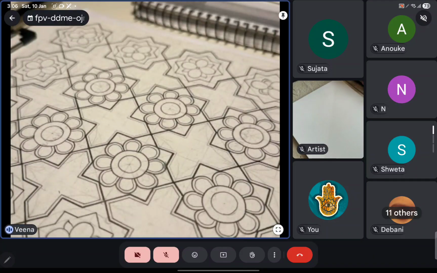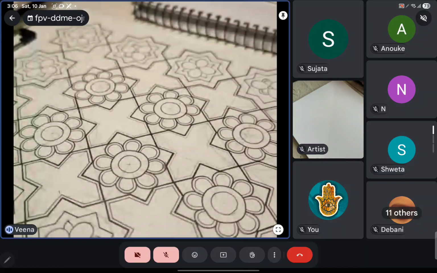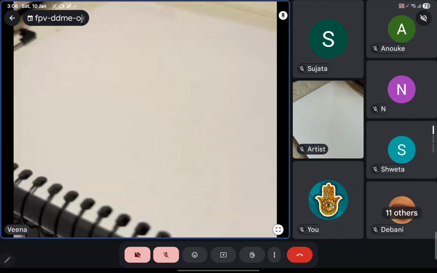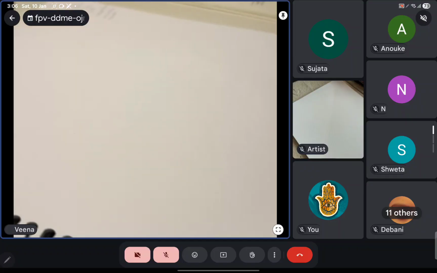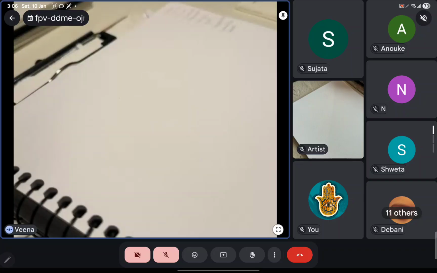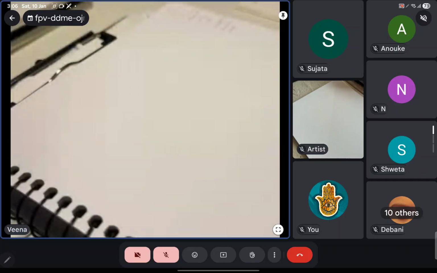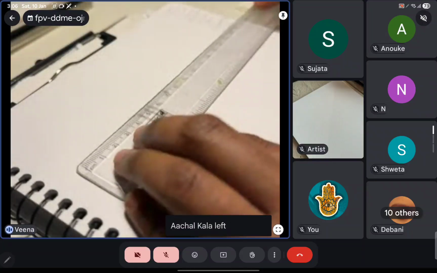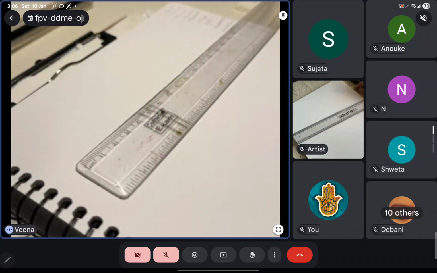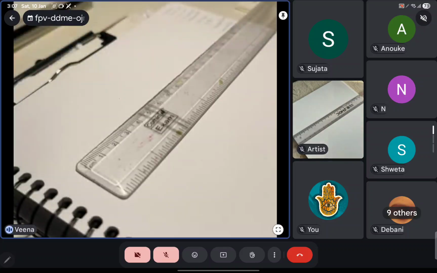So first, we'll get started. As I mentioned, A4 paper. Just grab that. And then we need our scale, pencil and the compass.